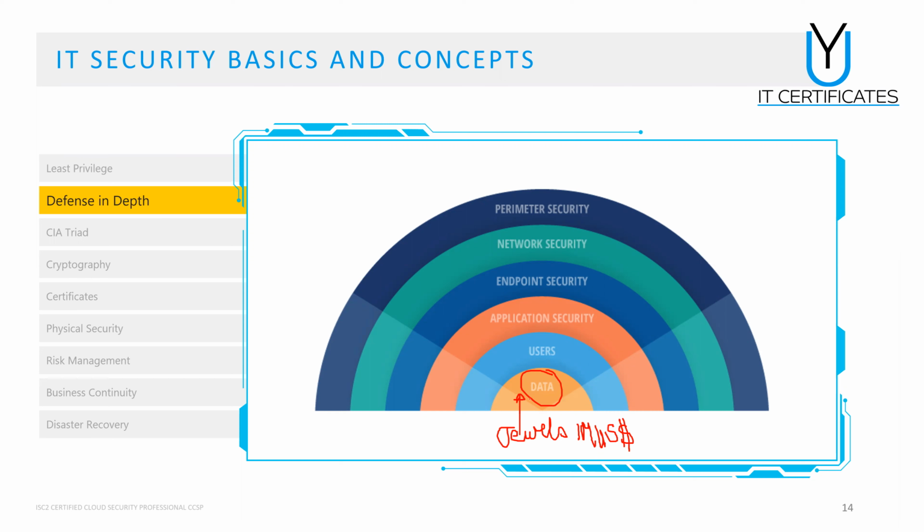Besides, and more important, each layer, when it is penetrated, should start to send notifications to the security administrators, as happens in banks. If there is any attack on a bank, then immediately there will be some rings. And these rings will not ring in the bank itself. They may ring in the police station, which is next to the bank or very close to it.